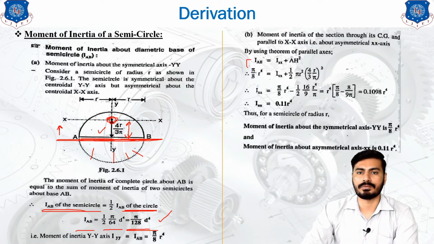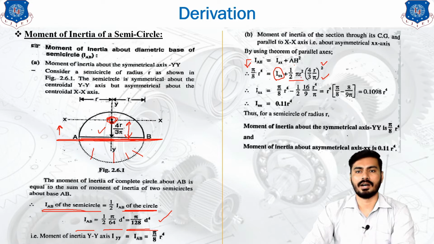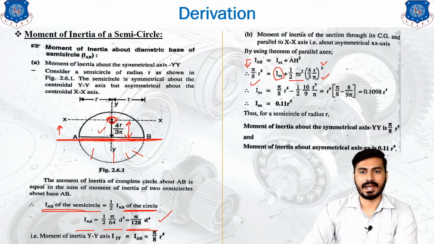If you put the value of IAB as pi by 8 into r raised to 4, keeping IXX as a constant, then the area of the semicircle is 1 by 2 pi r square, and the distance is 4r upon 3 pi. The distance square needs to be applied in your equation. Now if you make IXX the subject and take the remaining terms to the other side, your equation would look like this.